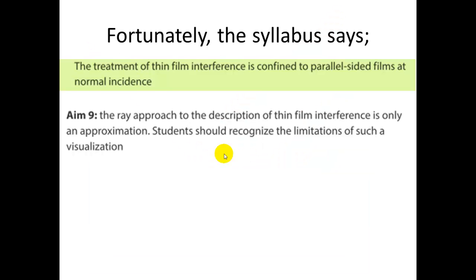Fortunately, the syllabus says that the treatment of thin film interference is confined to parallel-sided films at normal incidence, which means we just take it coming along the normal, which makes it much easier to do. So this approach is basically an approximation, because we're treating it all as being a normal phenomenon, but of course it happens at different angles.